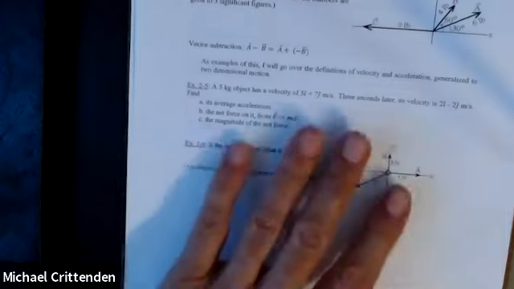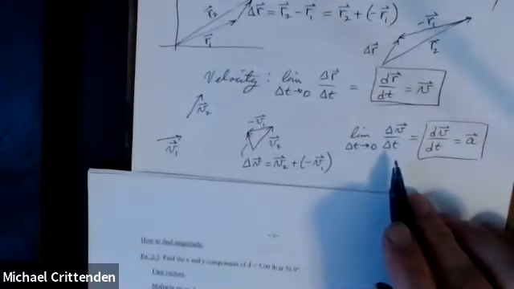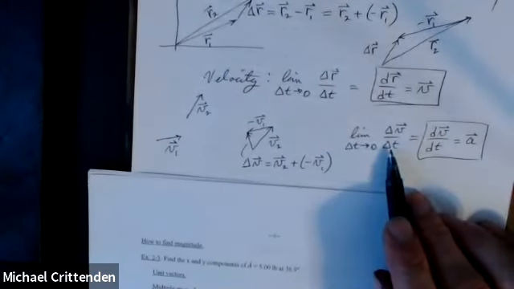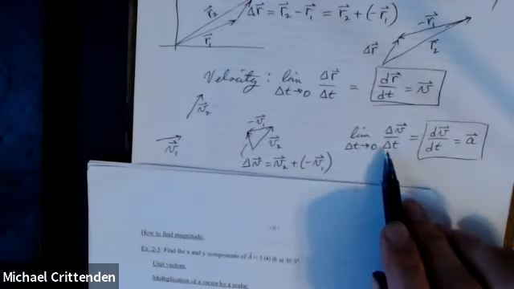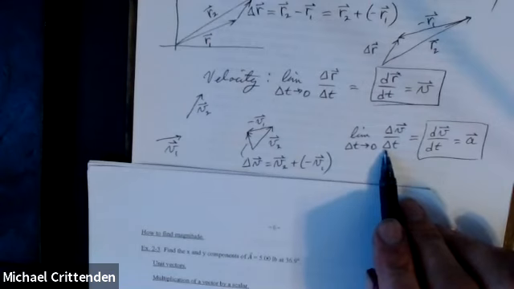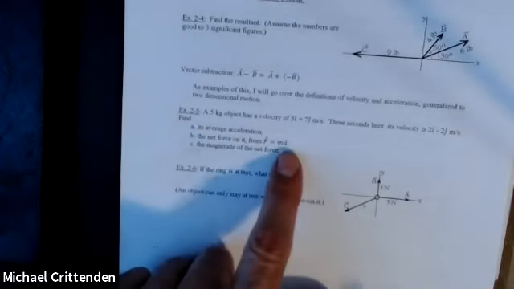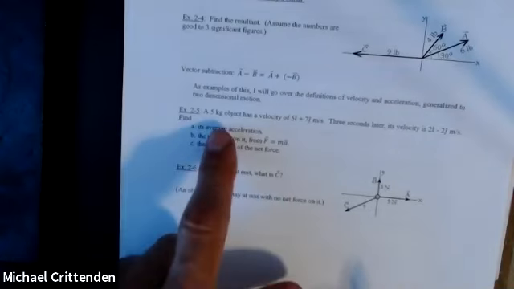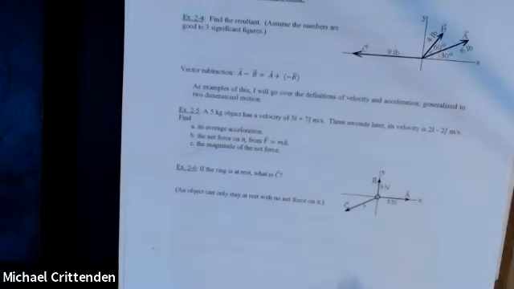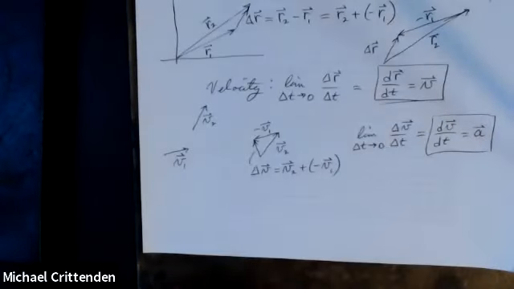If you need an infinitesimal time to get instantaneous acceleration, but for average acceleration, you can use 3 seconds and it'll give you the average during that 3 seconds. And once you know A, you multiply it by the mass. So this makes use of subtraction and multiplication by a scalar and all that stuff I was talking about further up the page. Here goes.